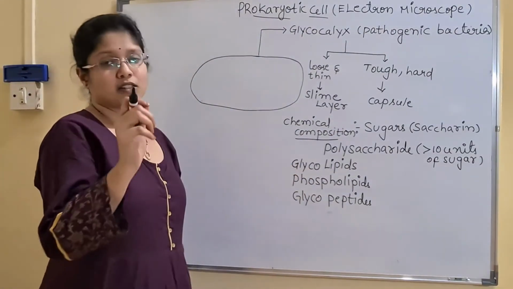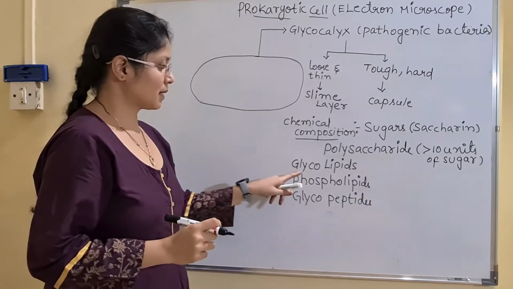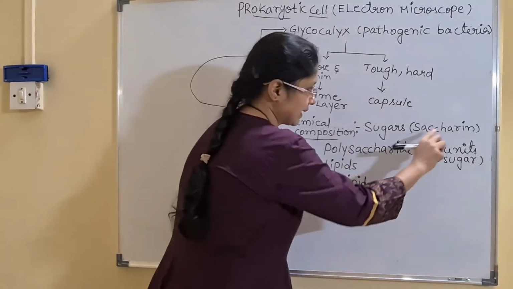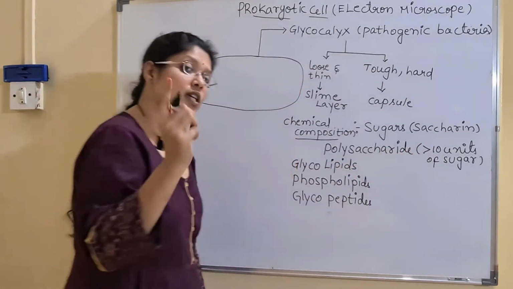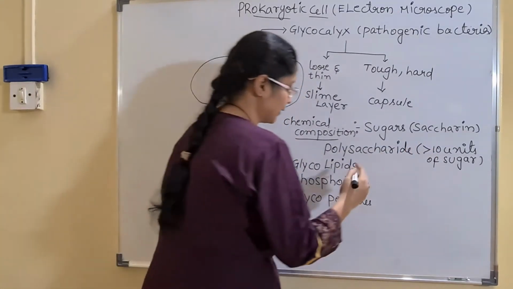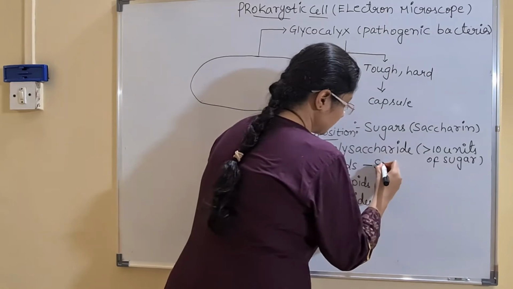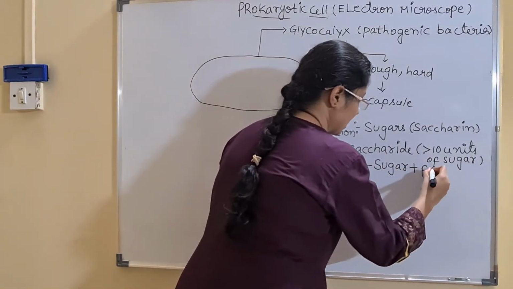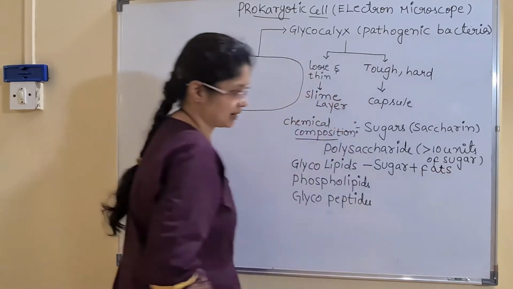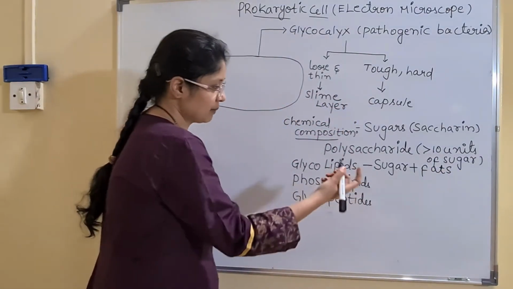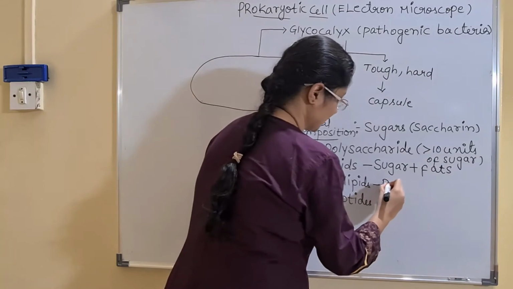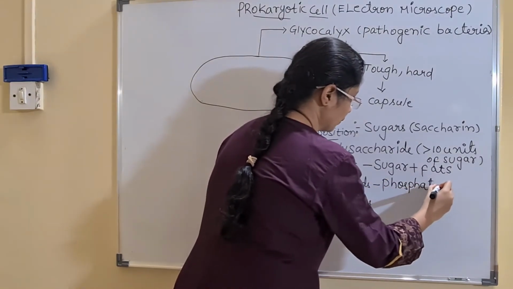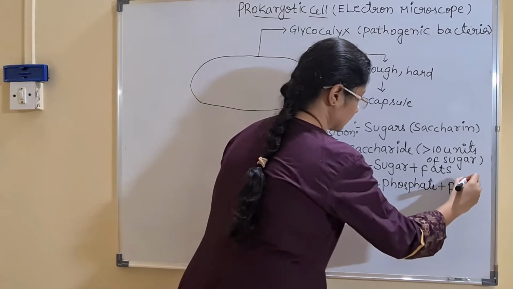In biology, you have to remember, children, glyco means sugar. Saccharide is also sugar, glyco is also sugar. Glycolipids means they are made up of sugars plus fats. Lipids means fats. Phospholipids, here phosphate along with fats is present.